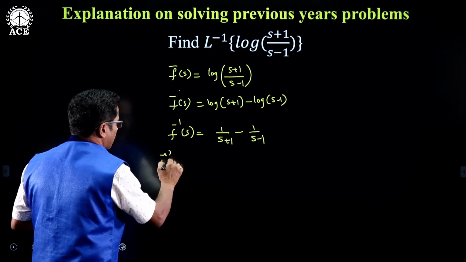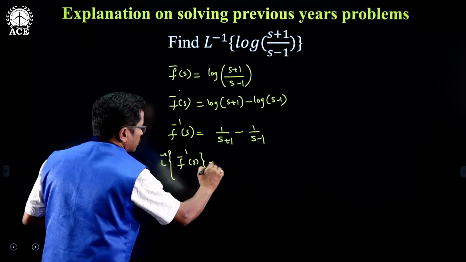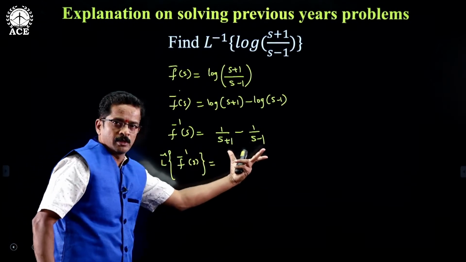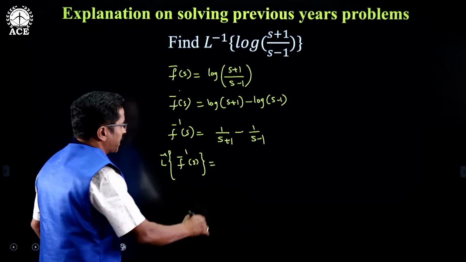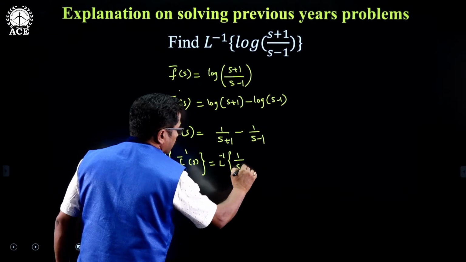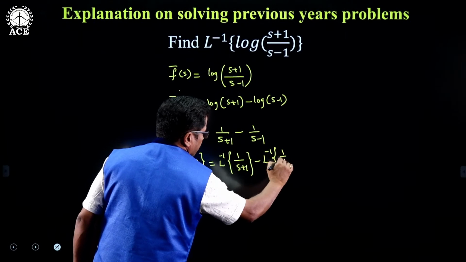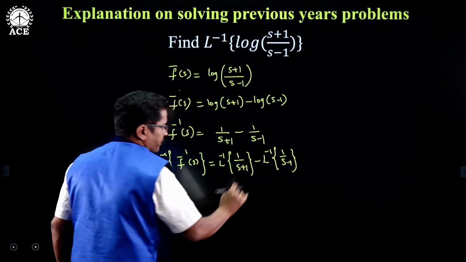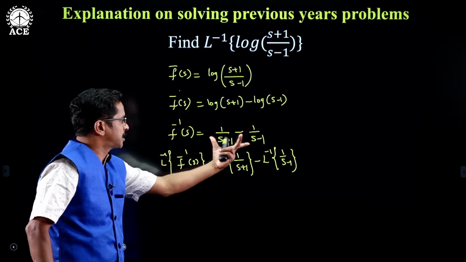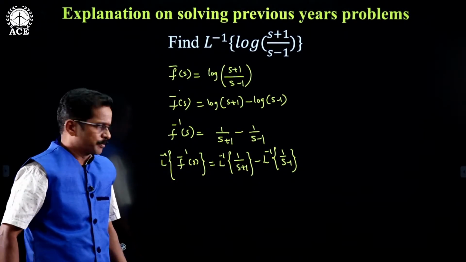Then L inverse of f bar dash of s equals L inverse of the whole. By the linearity property I can write this directly as L inverse of 1 by s plus 1 minus L inverse of 1 by s minus 1. Actually I have to write L inverse of this totally, but I am directly writing as per the linearity property.